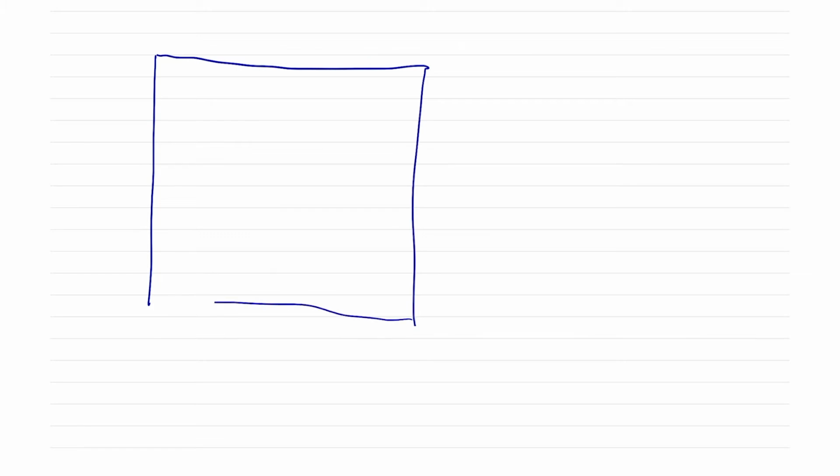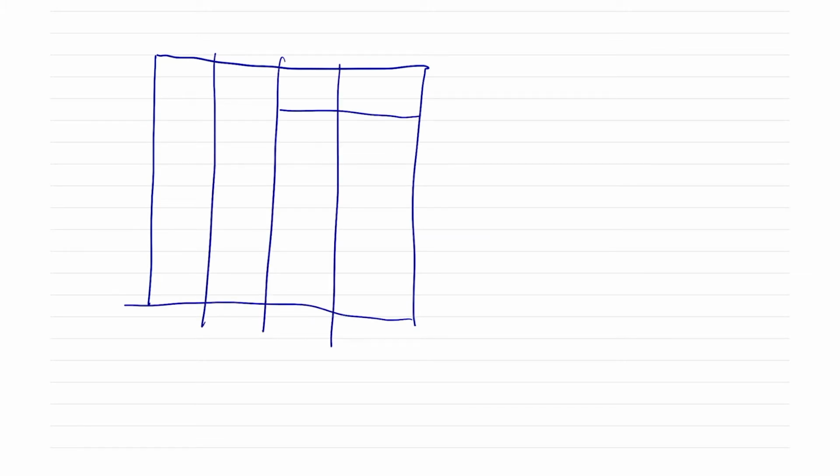Essentially, we're going to have an array of pixels. This is a lot like the first example that we went through in the first lecture.